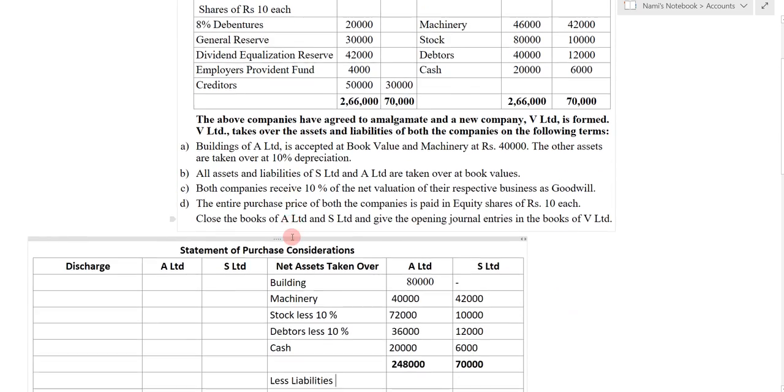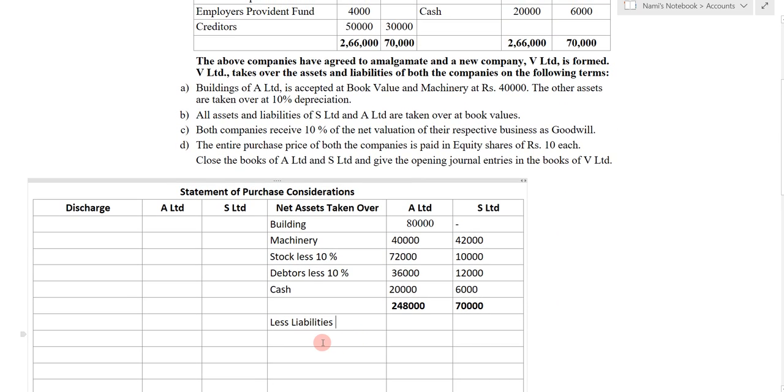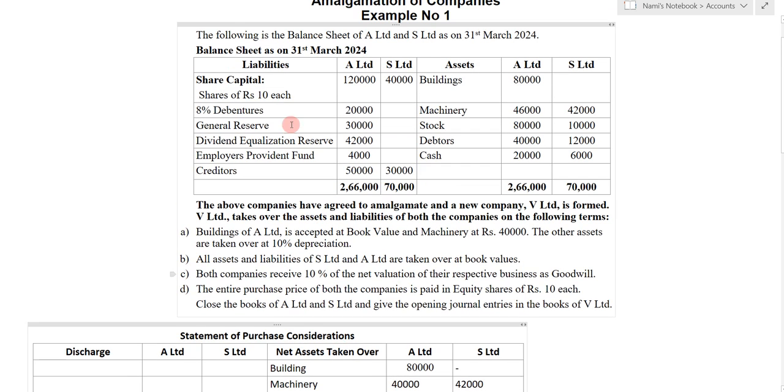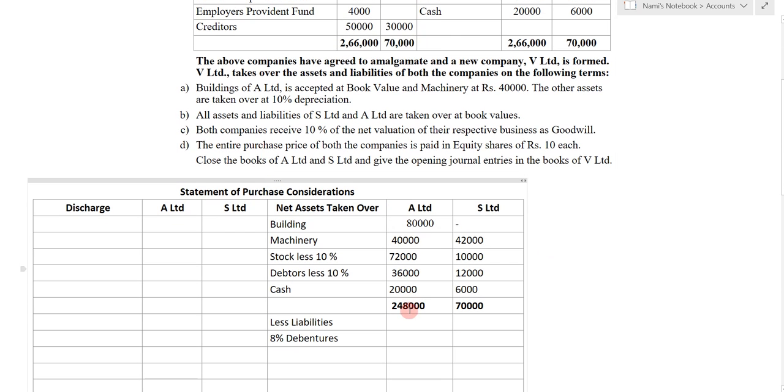So less the liabilities of A Limited, that is 8% debentures of A Limited 20,000.